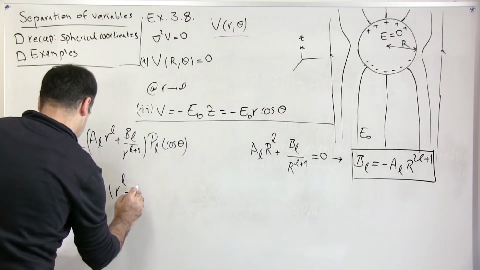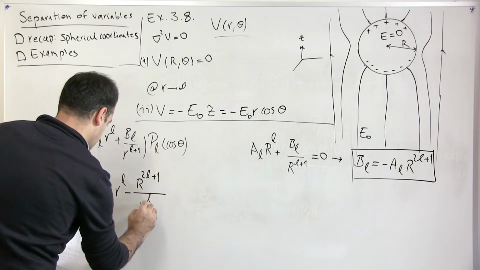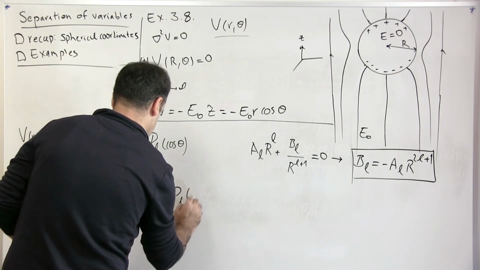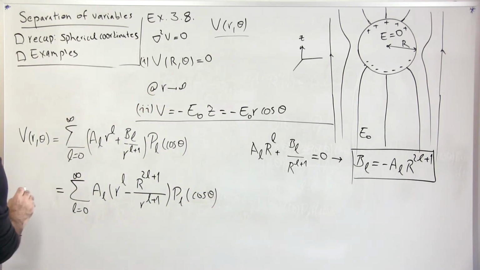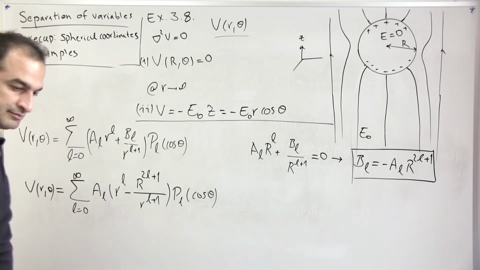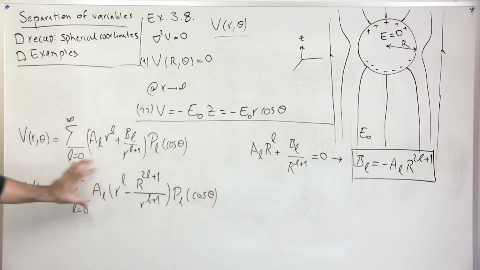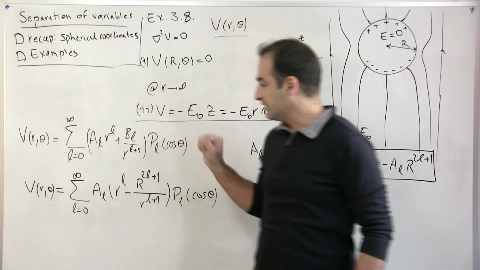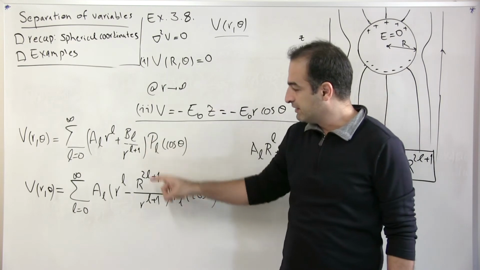That is negative of R to the power of 2L plus 1 divided by R to the power of L plus 1, times PL of cosine theta. Sounds good? So if you look at this solution so far, this first of all satisfies Laplace's equation for sure because it's coming from that general solution. And it satisfies the first boundary condition the way we wrote BL in terms of AL.